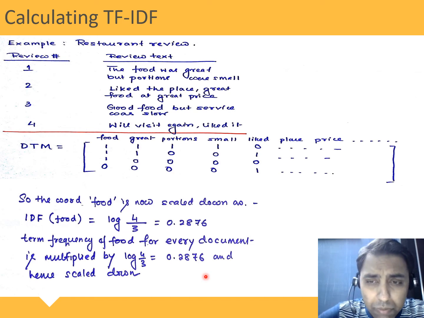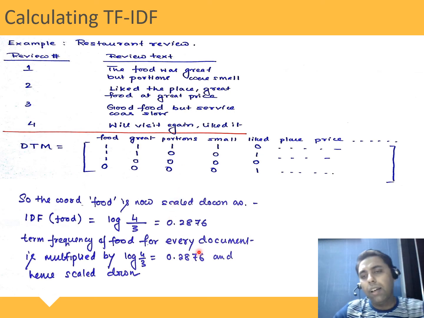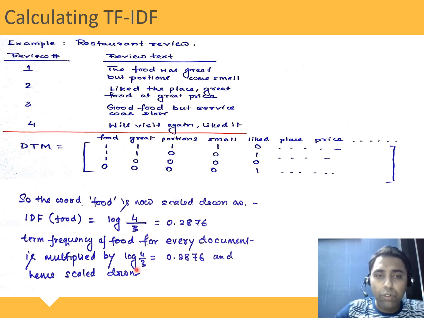Now instead of food, let's say we looked at the word portion. Then the IDF value would have been something different. The word portion is present in only one of the four reviews, and hence we would have looked at the log of 4 by 1, which would definitely be a value higher than 0.2876.